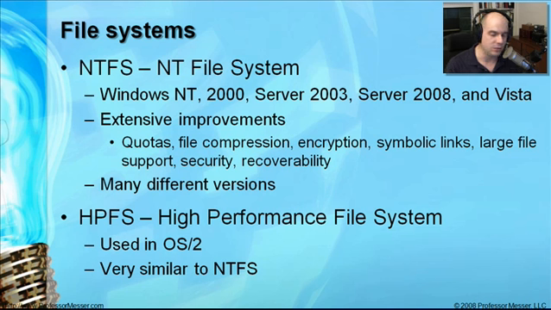So HPFS was where things started, and NTFS was really a generation after those HPFS systems were created. Still, there's similarities between the two. HPFS was very comparable in what it was doing, but NTFS really took it to the next level. And so you can see now with all of these extensive improvements with file compression and encryption and symbolic links that NTFS really is that next generation of file system and goes well beyond what HPFS could ever do.